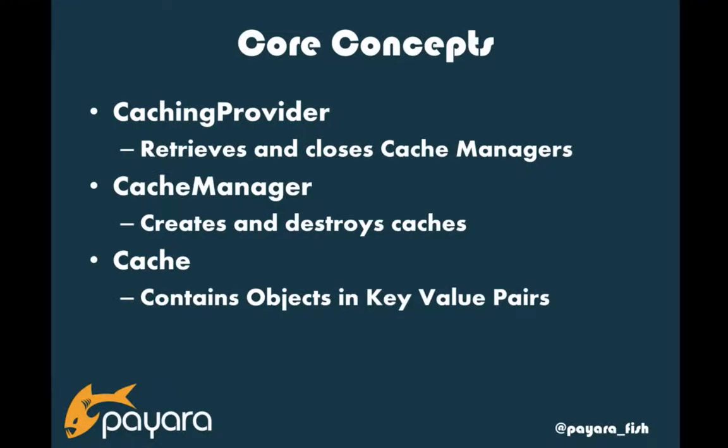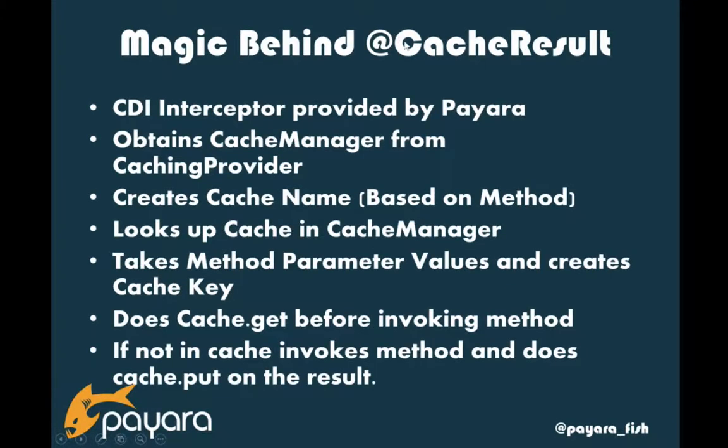But in that code, those 12 characters, we don't see any of this. And this is the magic, essentially, of the CDI API. So what is happening behind the covers, and this is the CDI implementation provided by Payara. It's the standard CDI interceptor. And what it does within the code, as soon as you add that cache result, during the interception, it essentially obtains a cache manager from the caching provider.